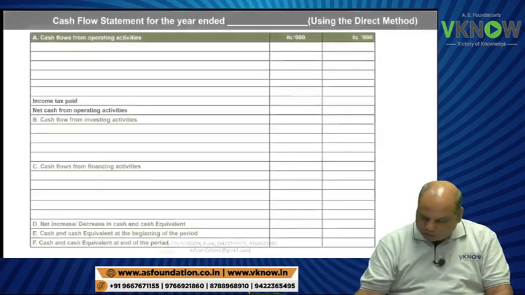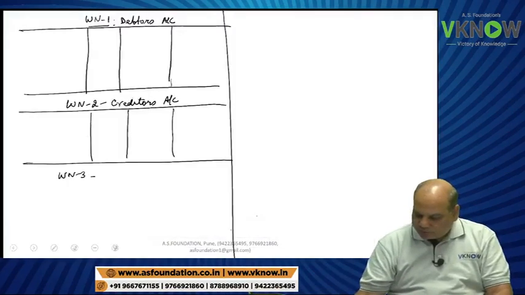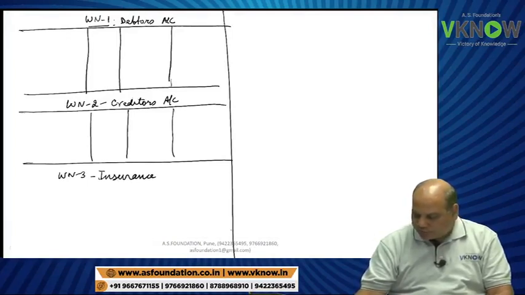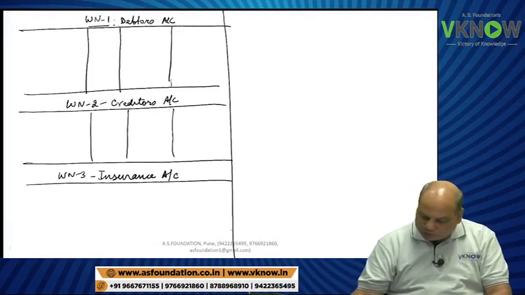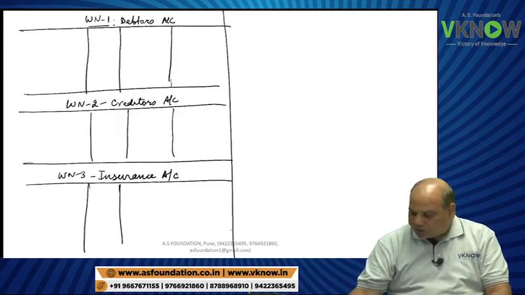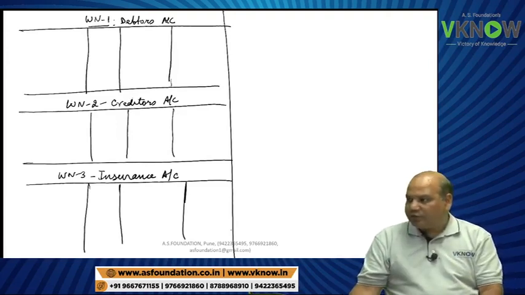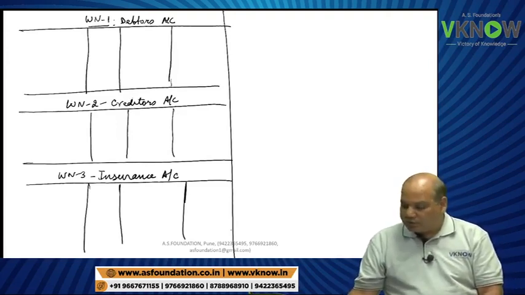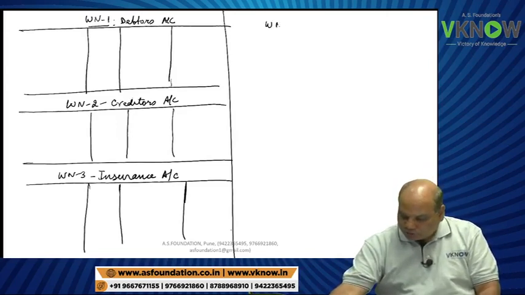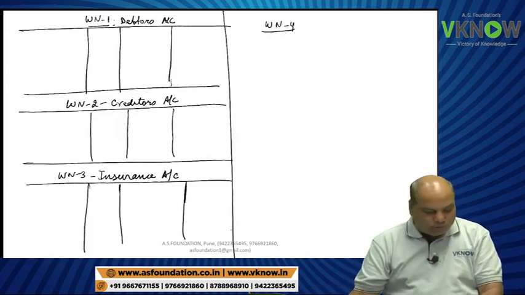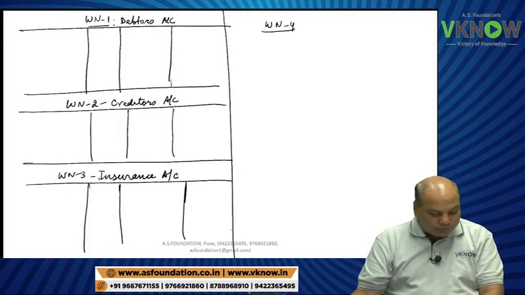Working note 3, prepaid insurance account. When there is a prepaid or outstanding, we'll prepare working notes to find out the balancing figure. Alternatively, you can prepare statements of plus and minus. Both are okay. We are more comfortable with accounts.